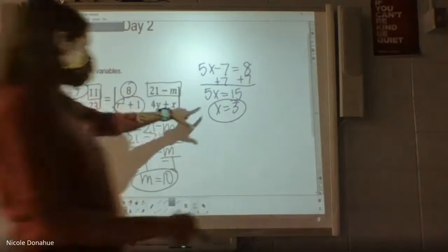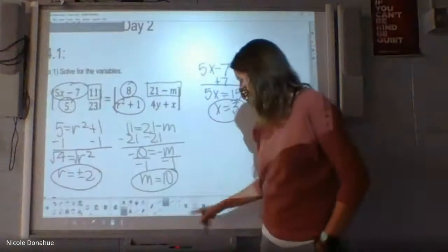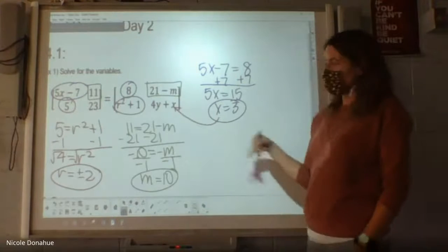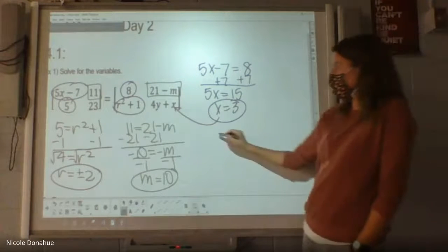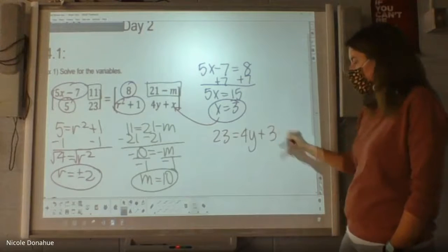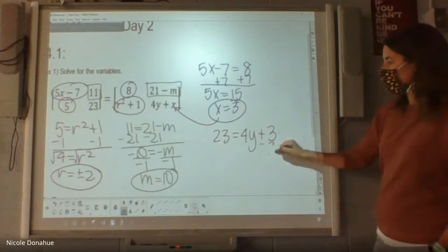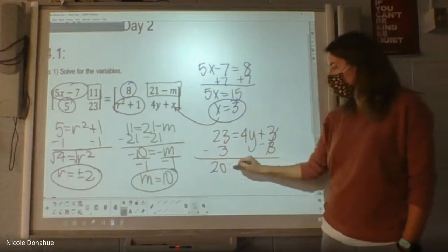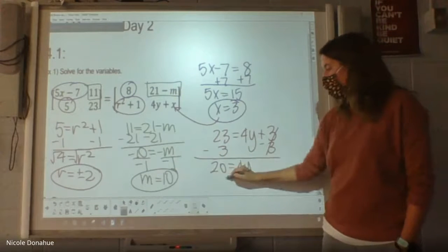We know that x is 3, so we can put that in and use that to help us solve. So in the same problem, x is always the same thing. So 23 equals 4y plus x, which is actually just 3. So we find out that y is 5.